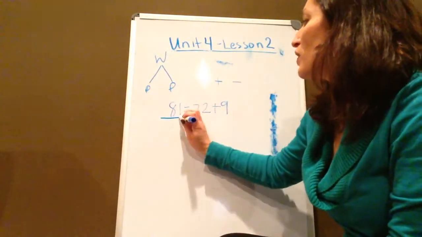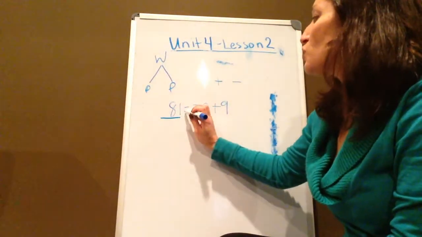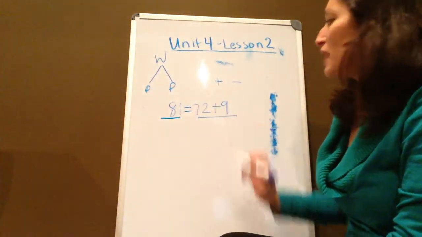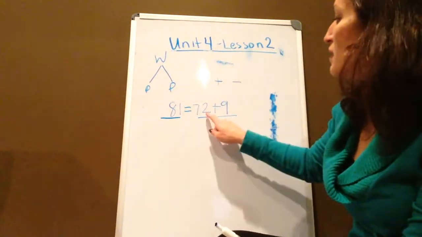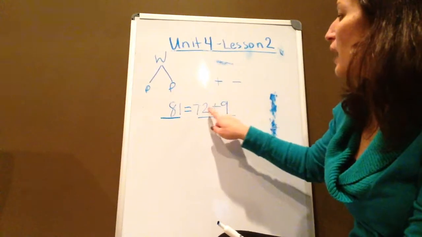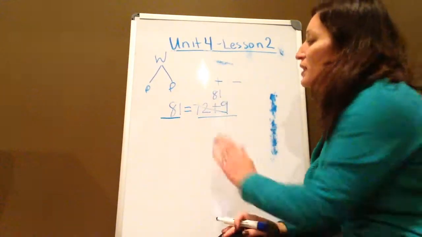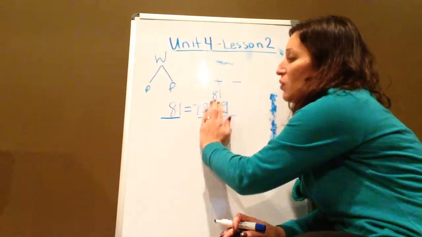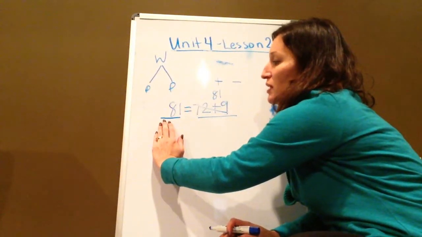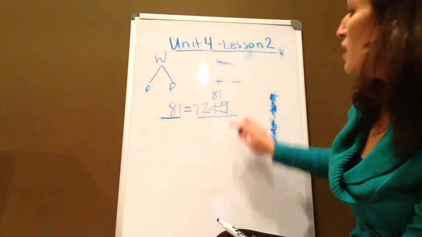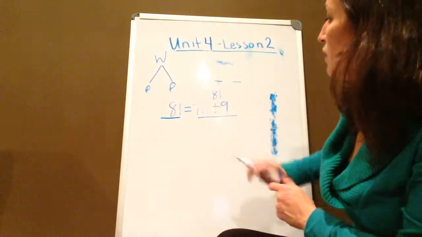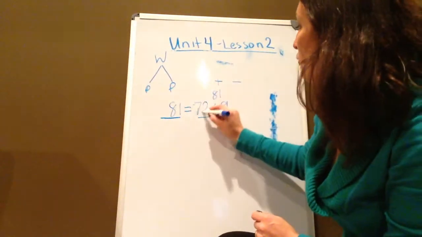Because the value over here is 81. If it's truly equal, the value over here is 81 too. Let's do the math and see. 72 plus 9: 9, 10, 11. 72 plus 9 is 81. So I can see that this side, the value is 81, which is equal to this side, which is 81. Okay?